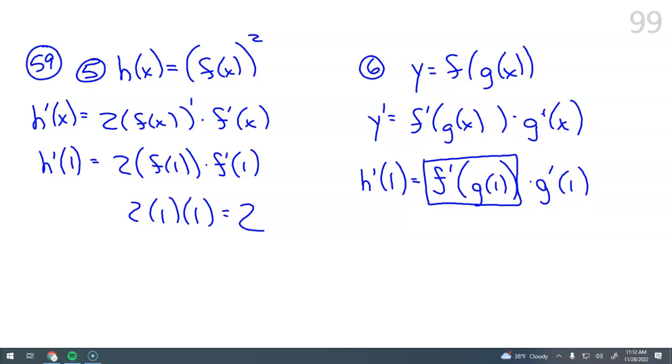This is not f prime of something multiplied by a number. This is composite functions. I think the easiest thing to do is leave the f prime out there and figure out what g of 1 is and put it there. So what's g of 1?